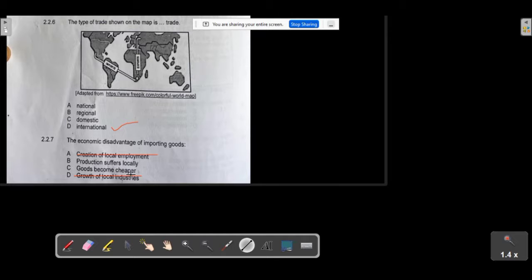Okay, this is quite challenging a bit. Well, goods become cheaper, guys, and so of course, for example, the Shein clothing line sells very cheap clothes, and it's quite difficult for the local businesses to compete with that.